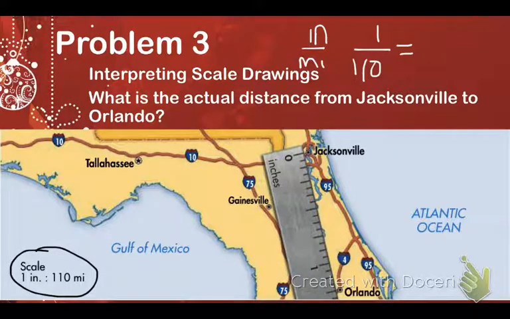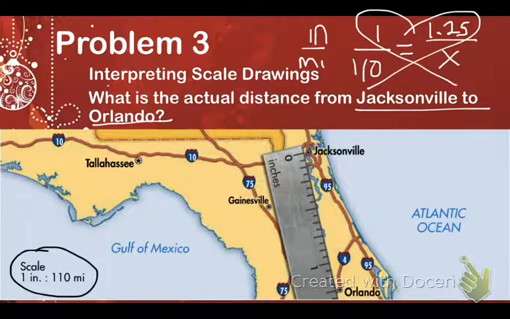Then I'm going to look at my map and take a look at the measurable distance in inches from Jacksonville to Orlando, since that's what my question is asking me. At that point, I see that it has Jacksonville and Orlando as 1 1/4 inch, or 1.25 inches, and I don't know my miles. That is my unknown.